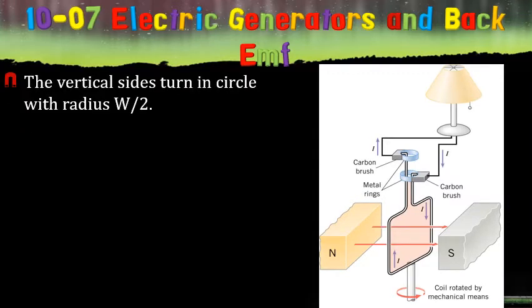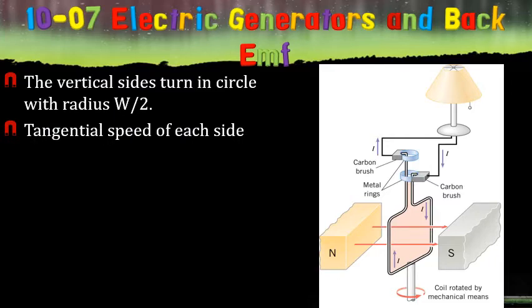And the vertical sides turn in a circle with a radius width divided by 2. Width would be the whole width, and we're rotating around the center. And so the tangential speed of each side is r omega. That's a formula we had before, a long time ago. Tangential speed equals r times the angular speed.